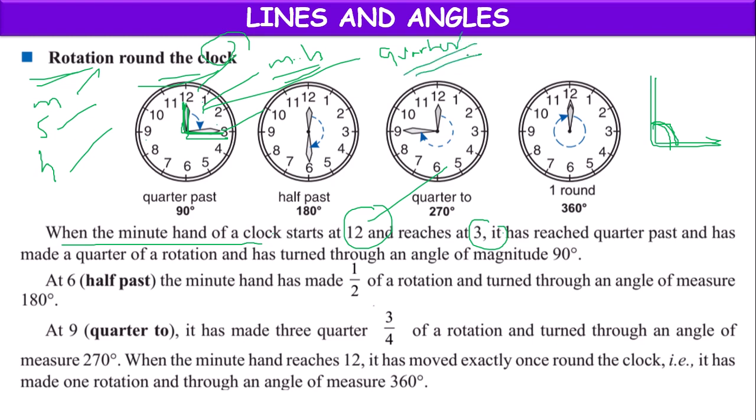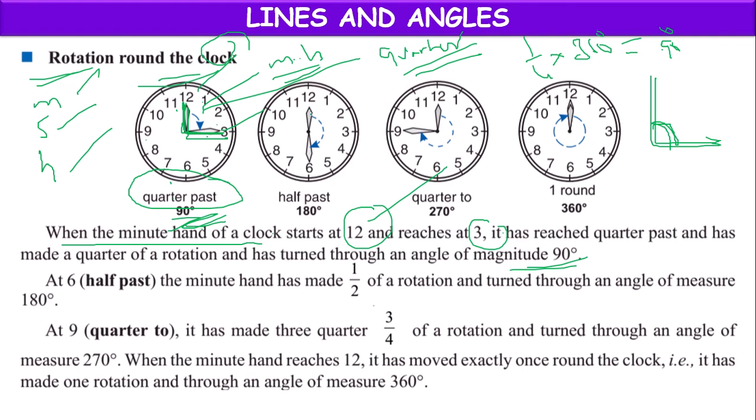Quarter part of rotation means 1/4 part of rotation, which is equal to 90 degrees. So this rotation from 12 to 3 is considered as quarter past in a clock, which is equal to 90 degrees.